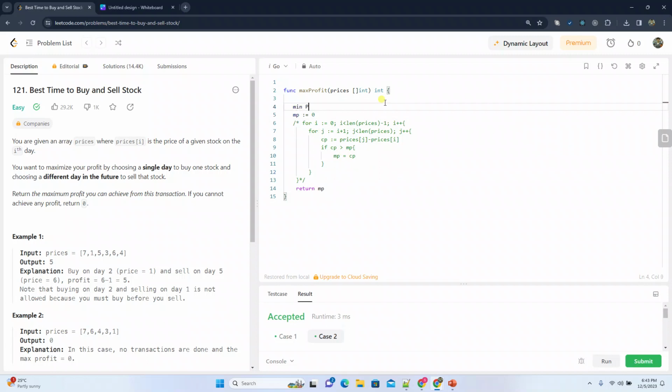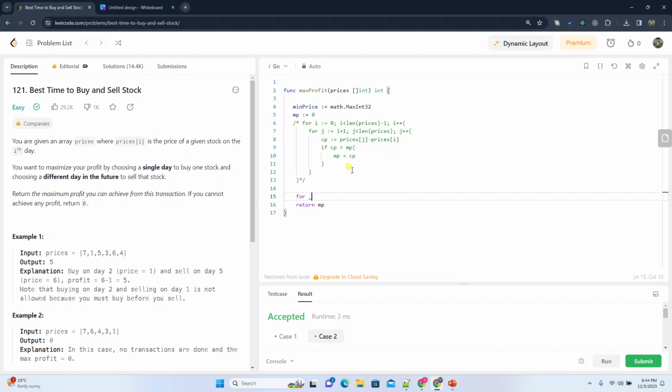And one more thing we can do is min price, which we'll initialize to math dot max int 32 value, right? So these two values we will take initially. Let us see what we can do with them.